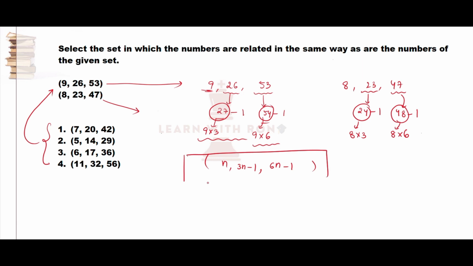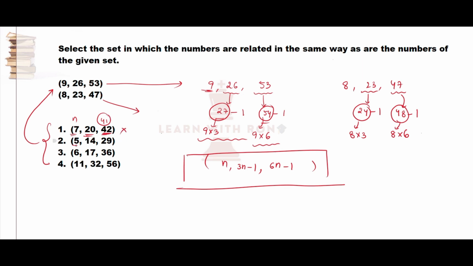Okay, now let us verify the options here. See the first option, if we assume n value is 7, the second number should be 3n minus 1, which means 3 sevens minus 1, 3 sevens 21 minus 1, 20. Okay, the third number should be 6n minus 1, 6 sevens 42 minus 1, it should be 41, but they have given 42, which is not our option.